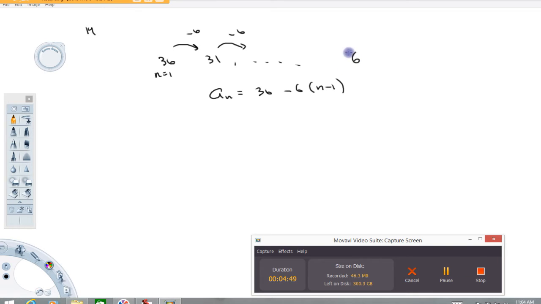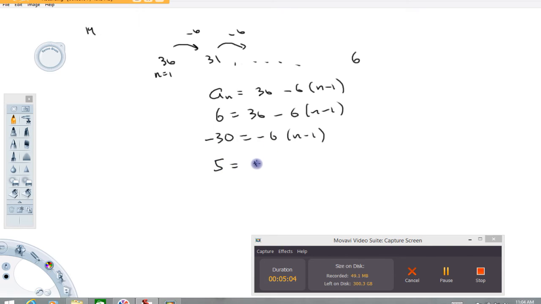All right, so the last value is a 6. So I'm going to go ahead and put that here. And we can subtract 36. You can divide both sides by -6. And then add 1. So n is equal to 5, I know now. The reason I needed that is because this question says to find the total number of cans on the display.